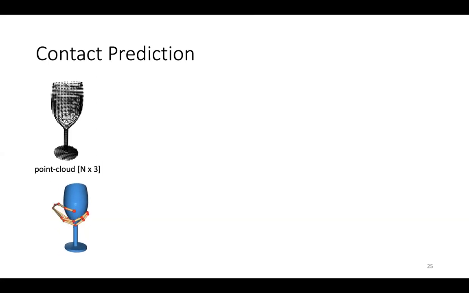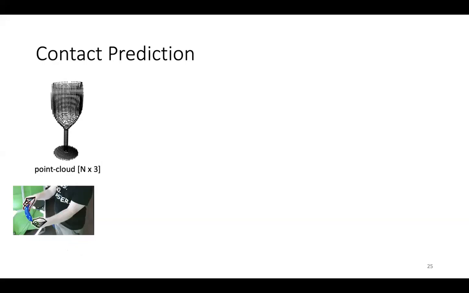So given the shape of the object and some information about the grasp, this information could be in the form of the 3D joints, so the hand skeleton, or it could be the mesh of the hand, or it could be a grasp image. This information gives you the context of the grasp, which we hope will enable us to understand the hands in action, right?